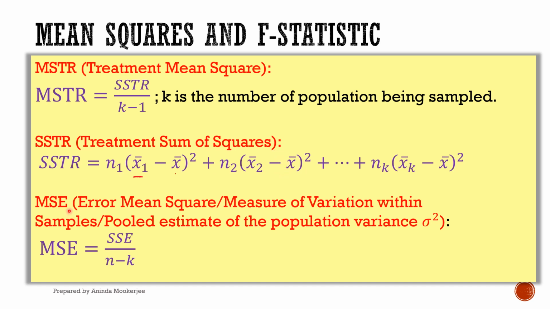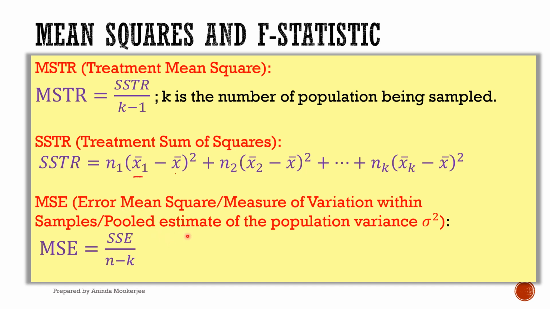For the MSE, or the error mean square, it's a measure of variation within samples. Basically think of it as the standard deviation within each sample.